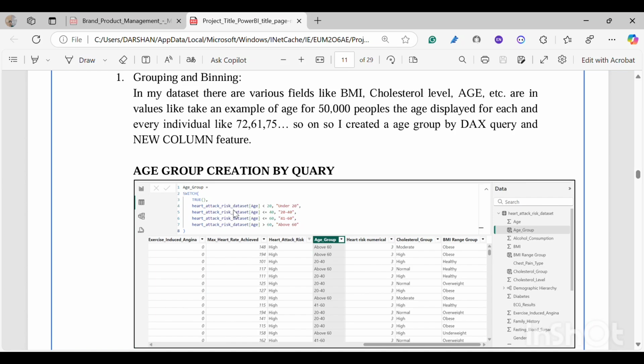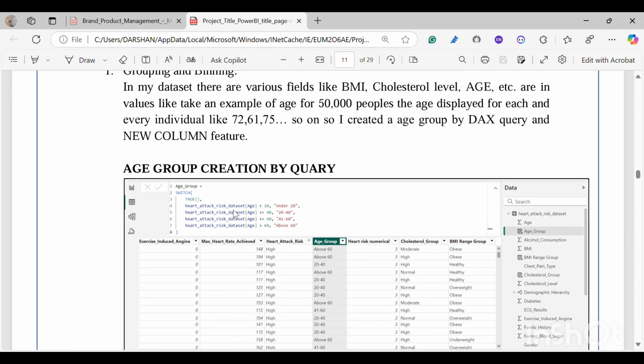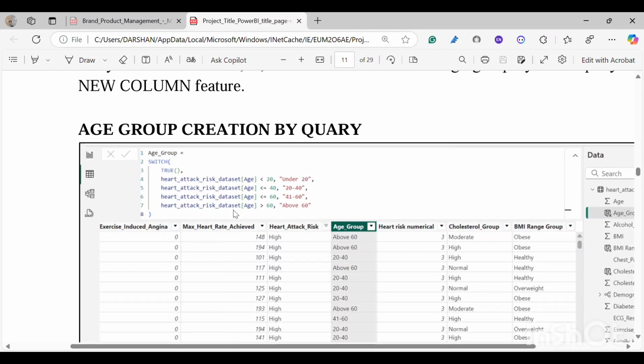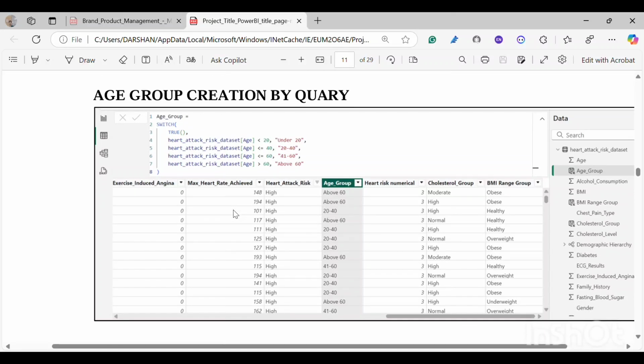For that reason, using a DAX query, I created an age group by having a formula and using the SWITCH function. I created the groups under 20, 20 to 40, 41 to 60 and above 60, by which I got an entirely new column with a segregated category as mentioned in the query, so that I can thoroughly see which particular age range is dominant in our dataset.